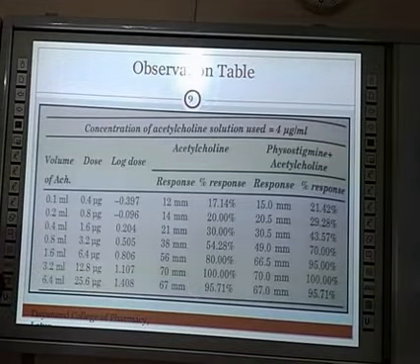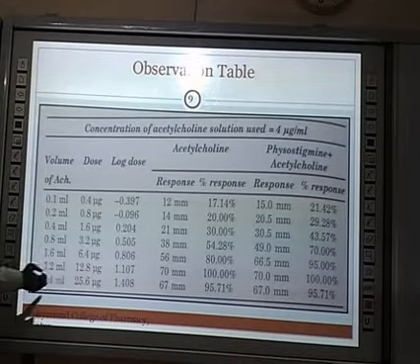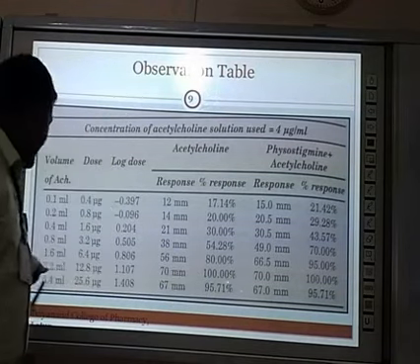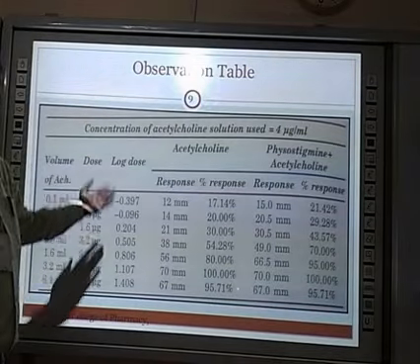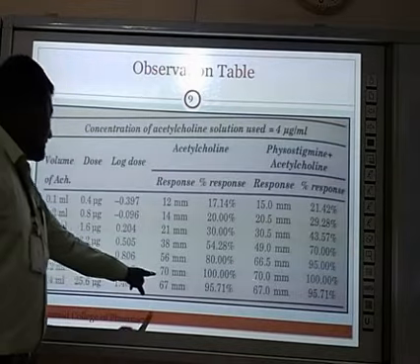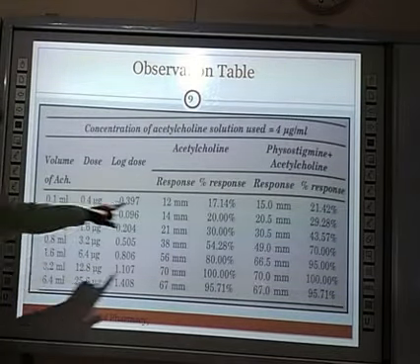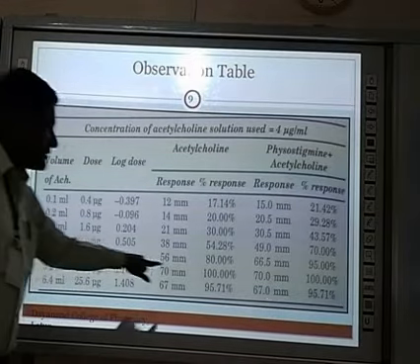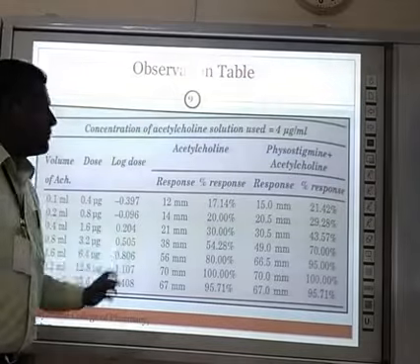It shows a maximum response at 3.2 ml, so that dose is considered as 100% response. After comparing with 100% response, calculate the percentage of the remaining. Consider 3.2 as 100%, then calculate the remaining percentage of responses.